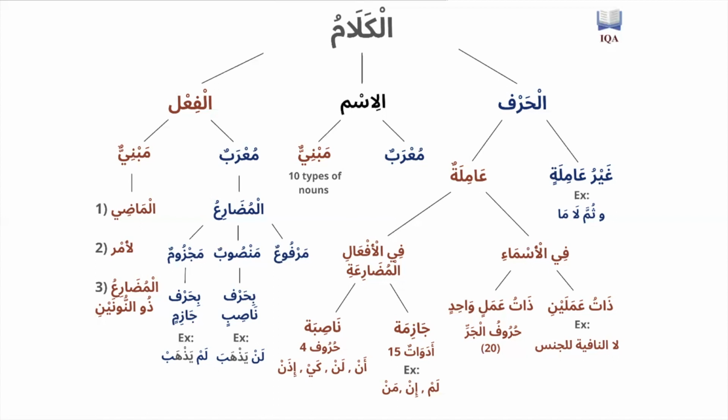Or a fi'l mudari' that has nun al-niswa, the nun of femininity, attached to it, for example yadribna or tadribna. So these two types of fi'l mudari' that have either nun tawkid or nun al-niswa attached to them are also going to be mabni.